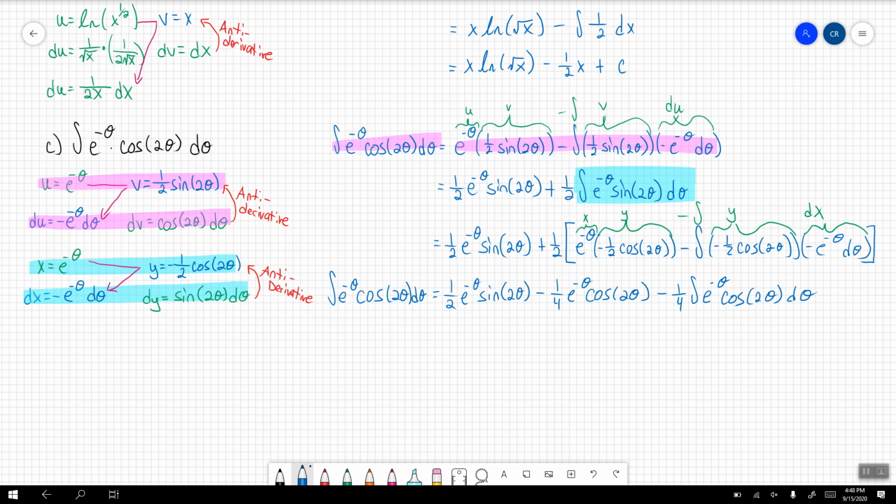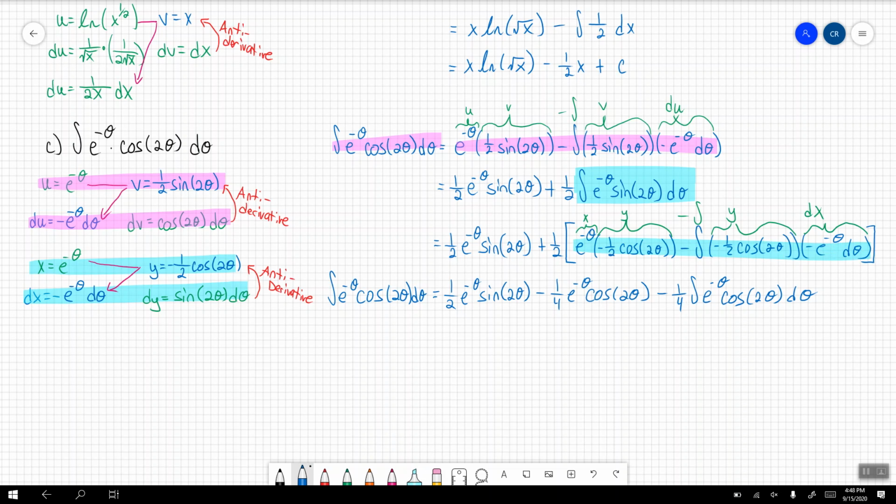Now, I wanted to do this for this specific reason: if you look at this particular integral, the integral that we started with actually appears on the right-hand side, which then means that we can combine those integrals. And I forgot to highlight this piece over here. My apologies. That's that integration by parts.